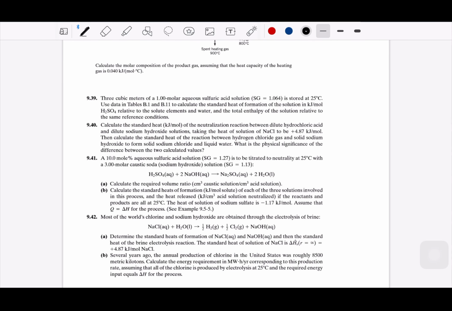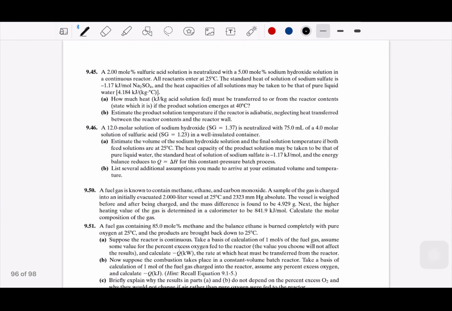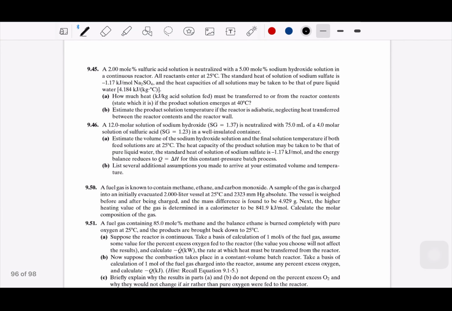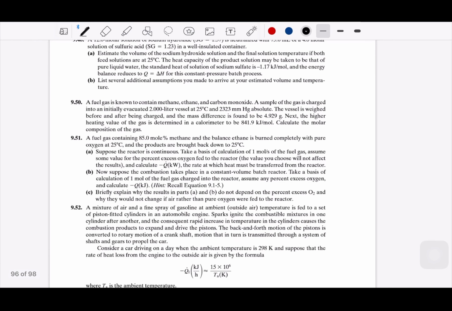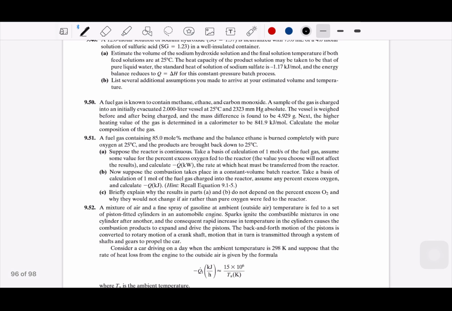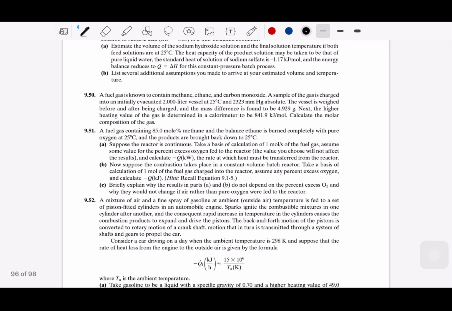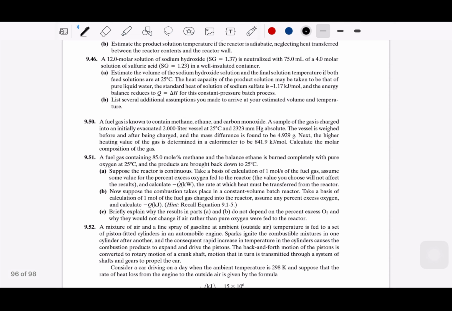Another example that I can show you, number 50. It's about the higher heating value. I haven't discussed much in the class, but let me tell you through some calculations.